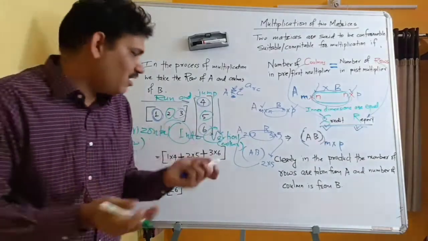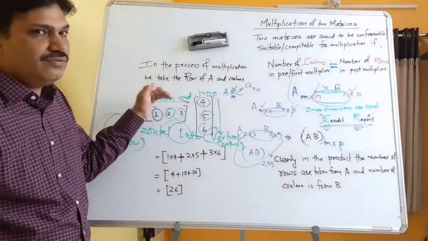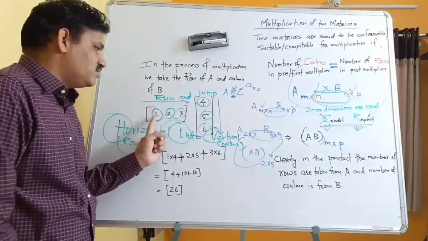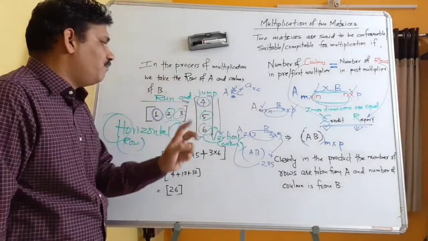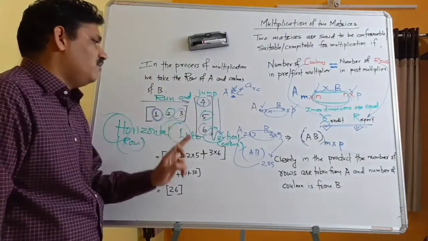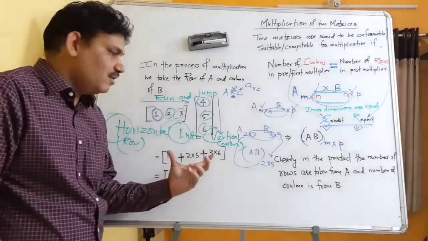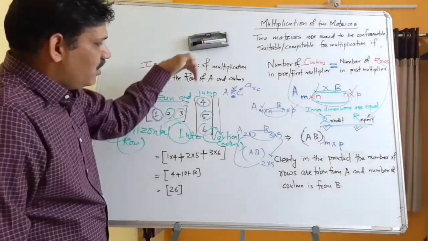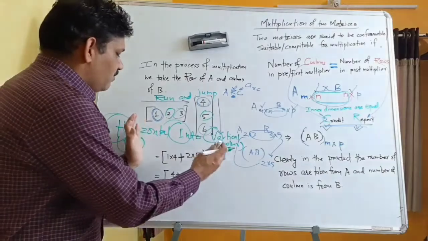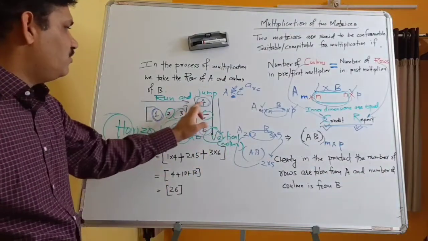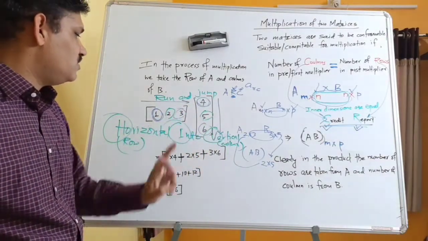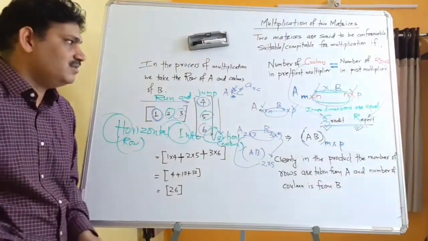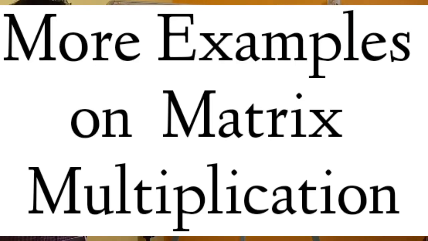The horizontal line will go to the vertical column and the corresponding elements will be multiplied. 1 into 4 plus 2 into 5 plus 3 into 6. This will be the element wise product of a row and a column, and the element wise products will be summed up. 1 into 4 plus 2 into 5 plus 3 into 6 will give us 4 plus 10 plus 12, that is 26. Let's try one more example.